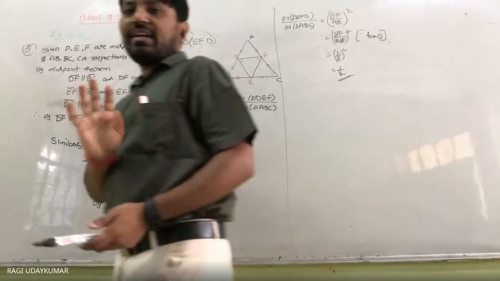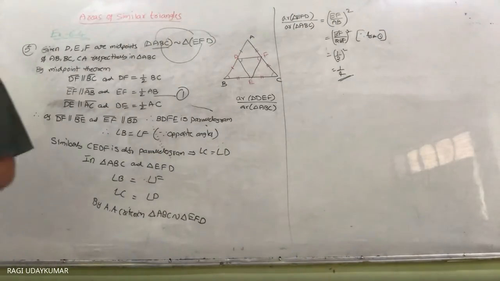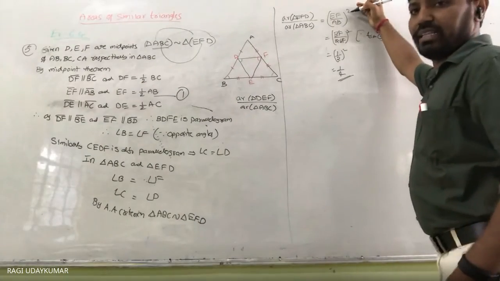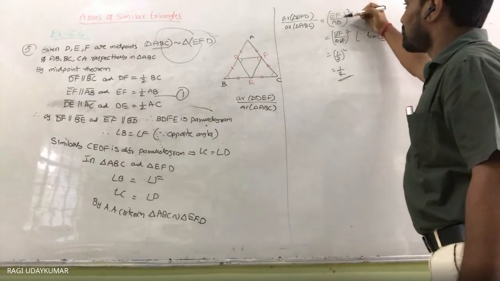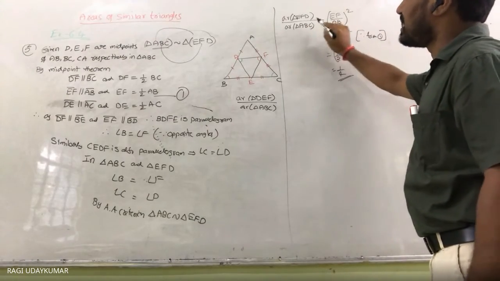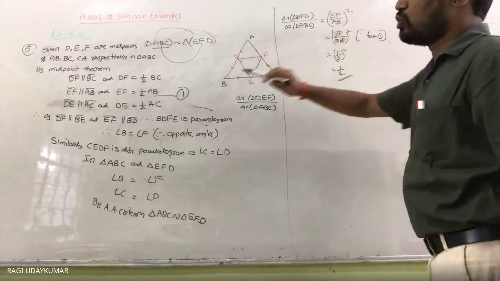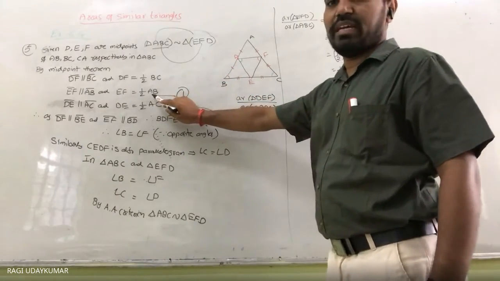समझ में आया? Anyway, you are having any doubts? Sir, what you wrote last third line? Last third line. EF by AB whole square लिख दिया ना? You can write EF by AB लिख सकते हैं, ED by AC also. ये AB is replaced with 2 times of EF from here.